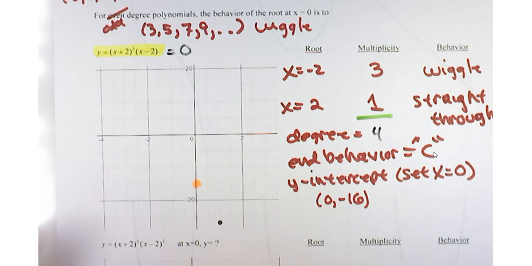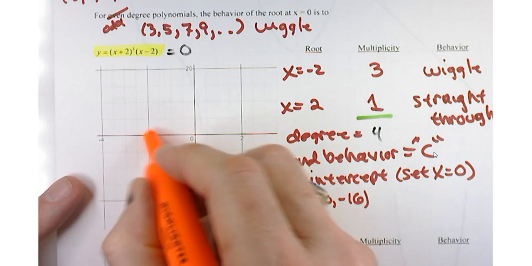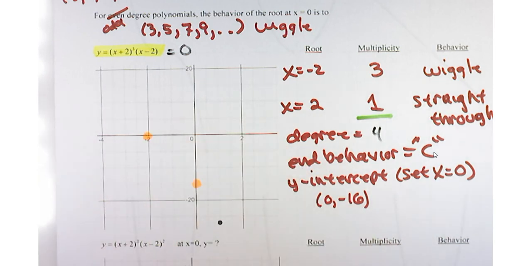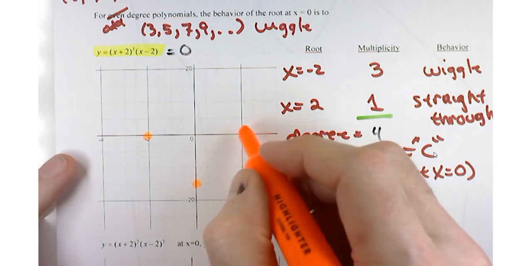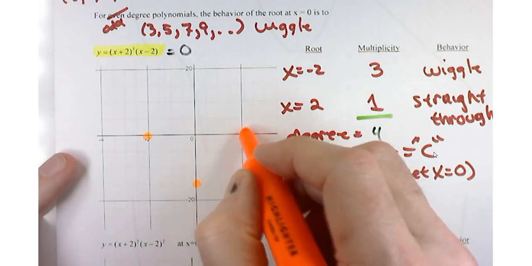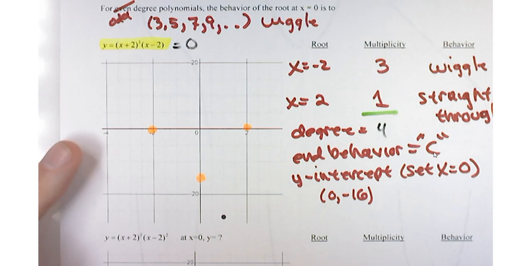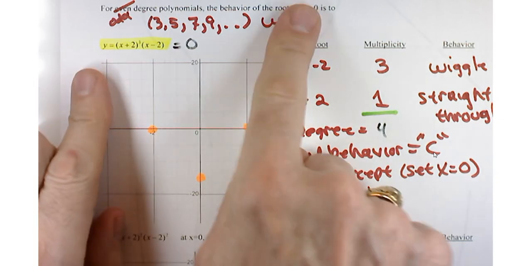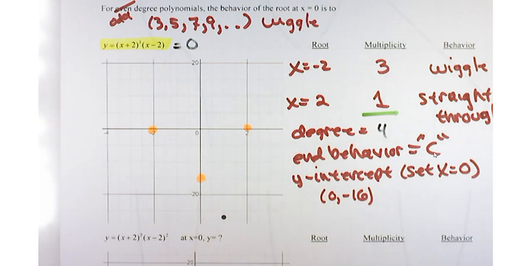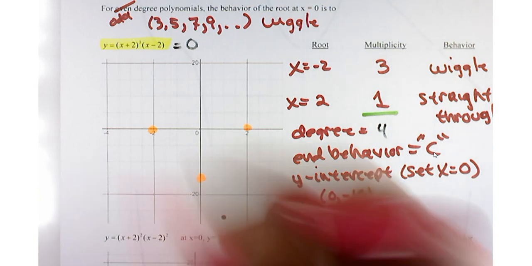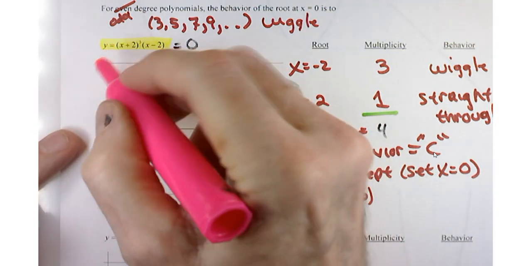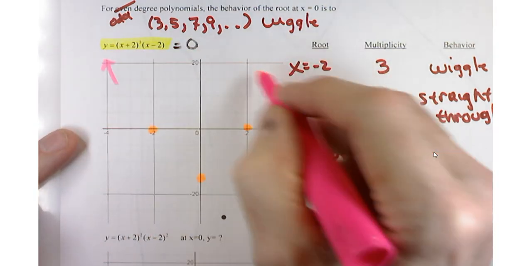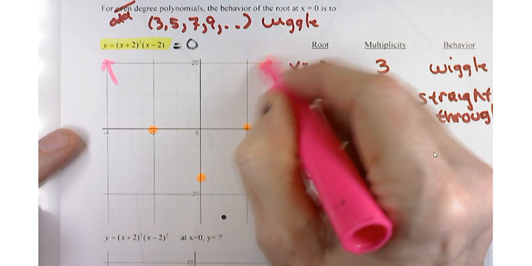There's a couple other points I can put on my graph. One of them is here, and the other one is here. Now, eventually, we know that the graph of this is going to go up to the right and up to the left. So, it's going to look something like this here and here.